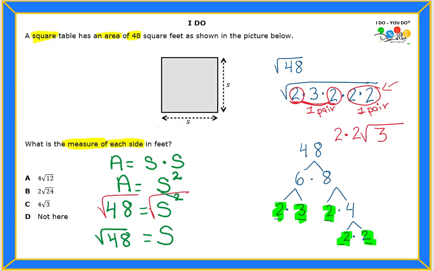And now I'm going to multiply 2 times 2 from outside the radical, and that gives me a 4. And inside the radical is a 3. And that will be my answer. So notice how from the pairs, I don't bring all four 2s outside. Only one represents the whole pair. Okay? And that will be the answer. Yes, answer choice C. Very good.